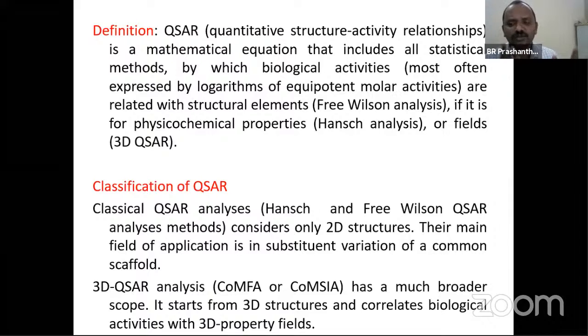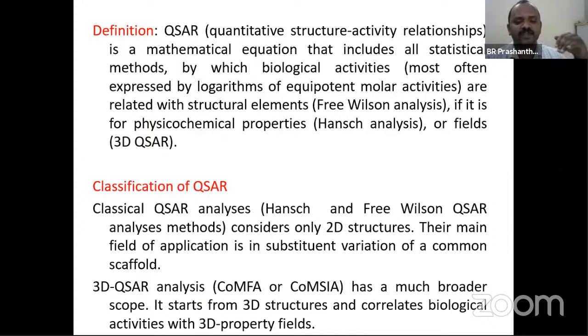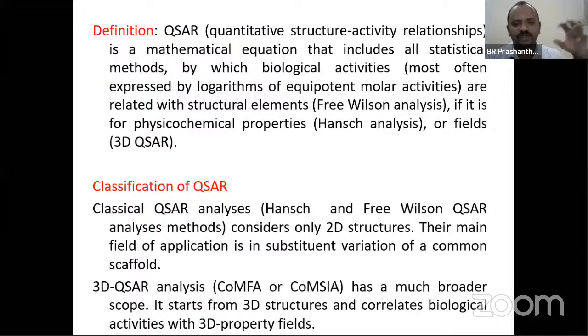So in order to do this quantitative structure activity relationship, we can do it either by 2D QSAR techniques or by 3D QSAR techniques. In 2D QSAR techniques, the structure will be a two-dimensional structure.